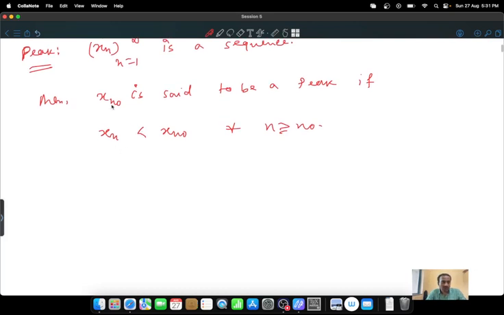That means x_{n0} is an upper bound of the set {x_n : n ≥ n0}, as simple as that. So x_{n0} is an upper bound of {x_n : n ≥ n0}, right?